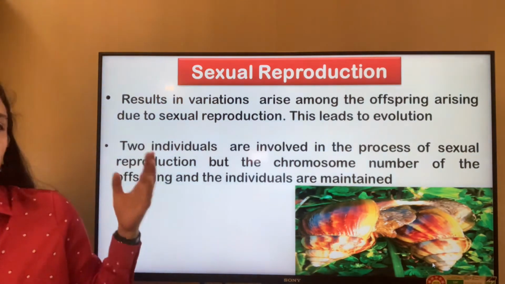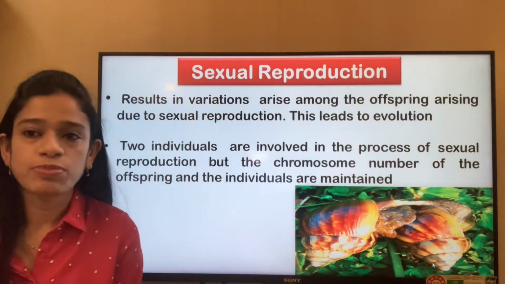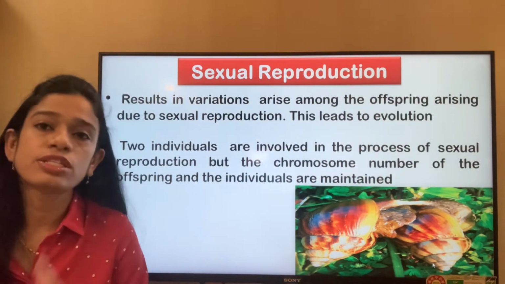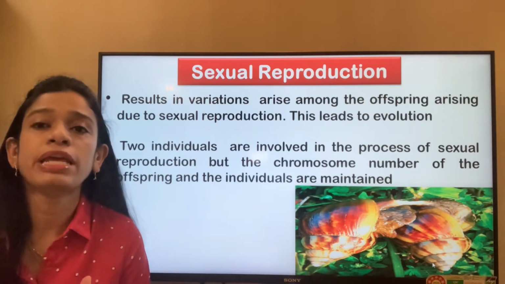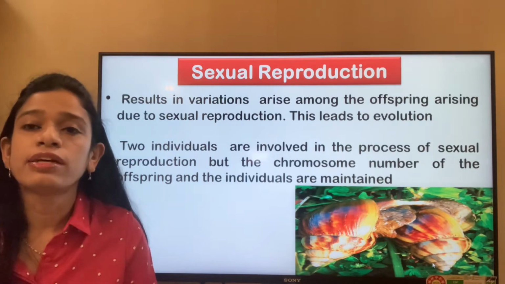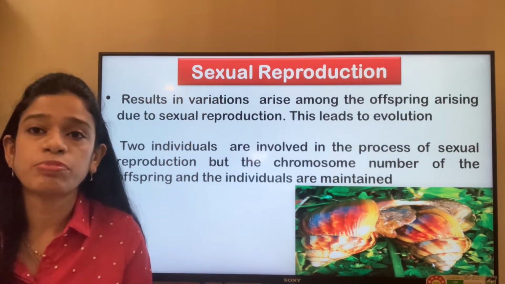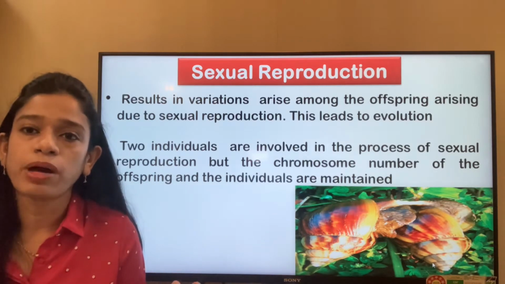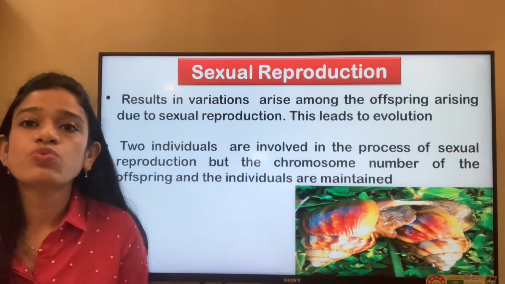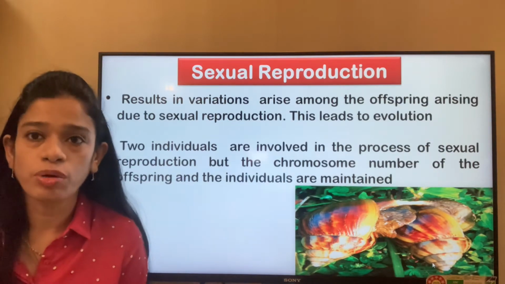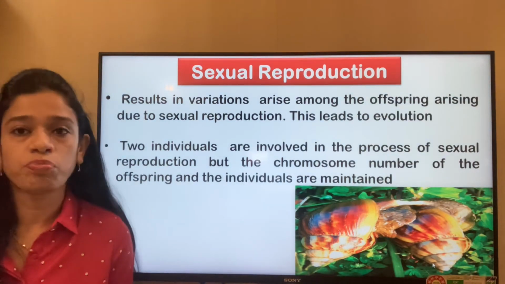This process of sexual reproduction takes place, but the chromosome number is always maintained. It is not that due to the fusion of the male and the female the doubling of the chromosomes takes place. If it doubled every time, the offspring would have an immense number of chromosomes, which is not feasibly possible.